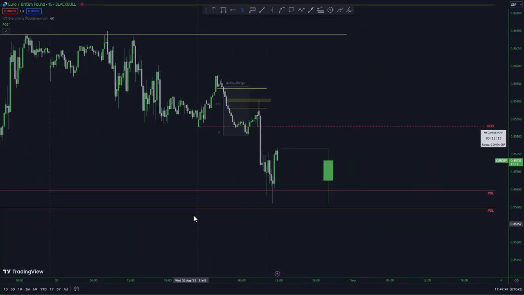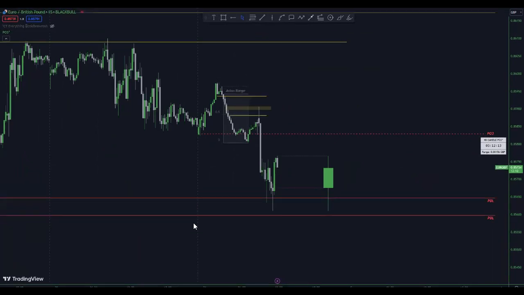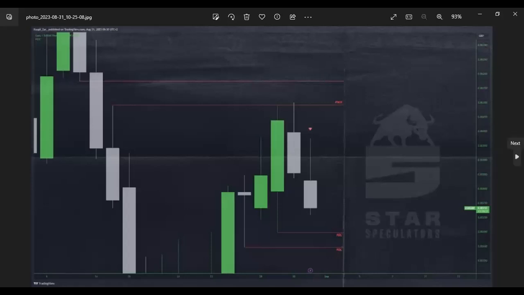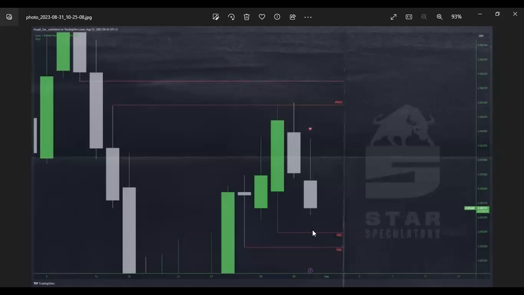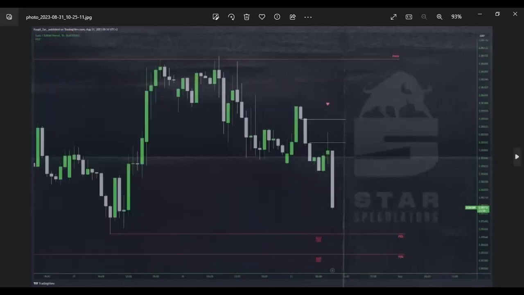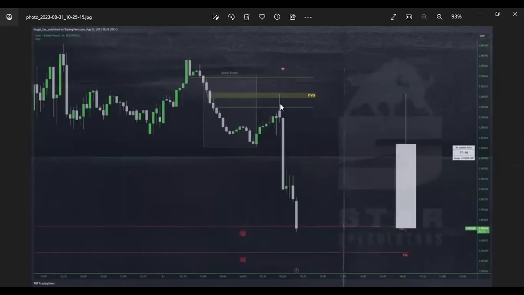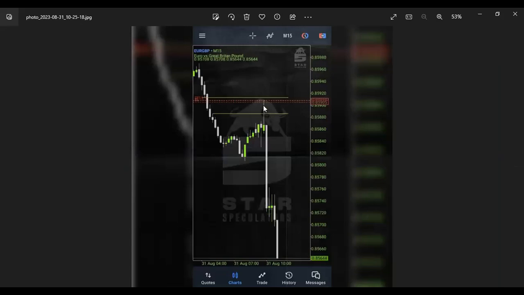Oh, let me show you guys this. All right. So this was all before price hit the previous daily low. So this was the 1 hour, using it as an anchor and then eventually taking our trades here.